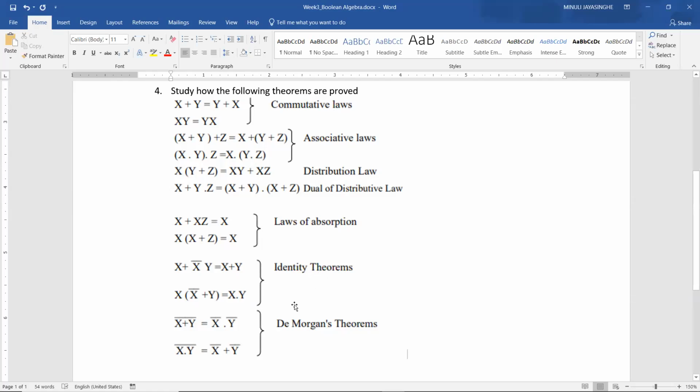And identity theorem and De Morgan's theorem. Usually this De Morgan's theorem may be there as a question for your semester papers, right? So it's better to understand how we can prove them. Okay, there are different methods. Now you know how to do that with truth tables. Later we will move into another way of proving that.